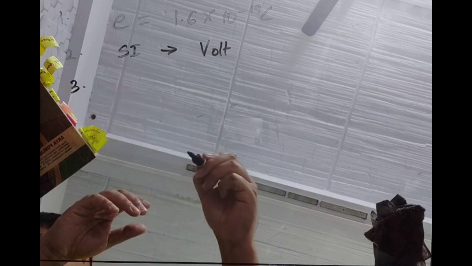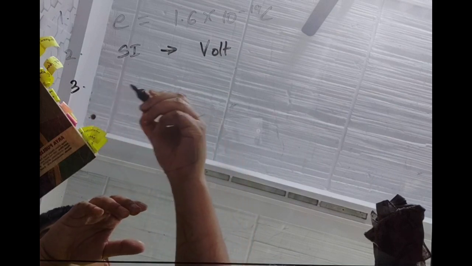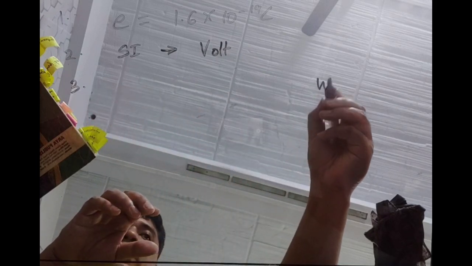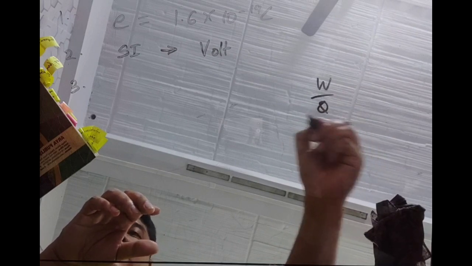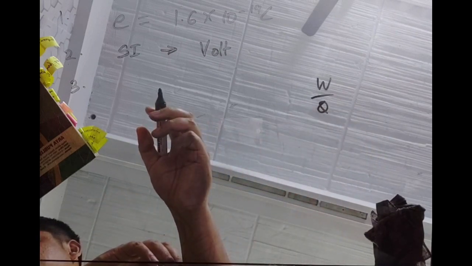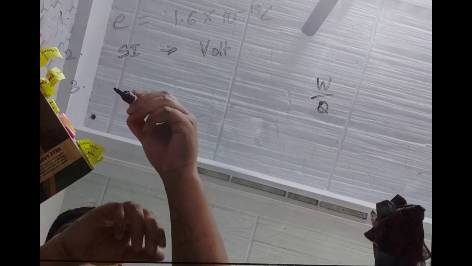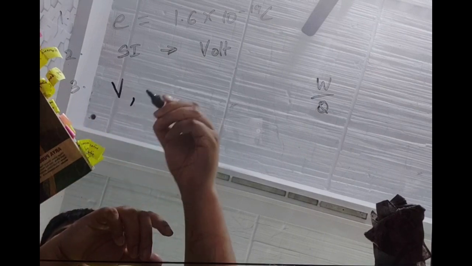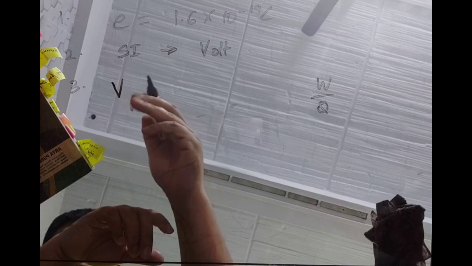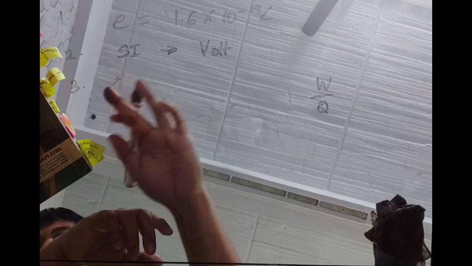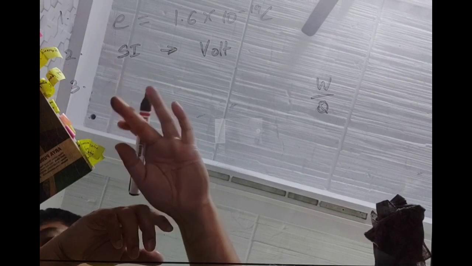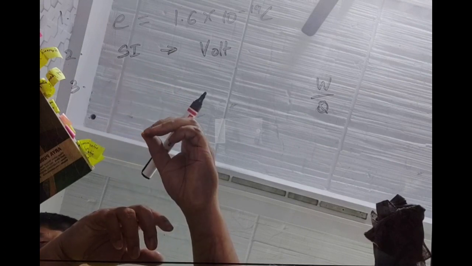Question number 3. Joules per coulomb. What is joule per coulomb? Work done by charge. Joule per coulomb is the unit of which physical quantity? The physical quantity may be potential difference or potential at a point. You can write either potential difference or potential at a point.